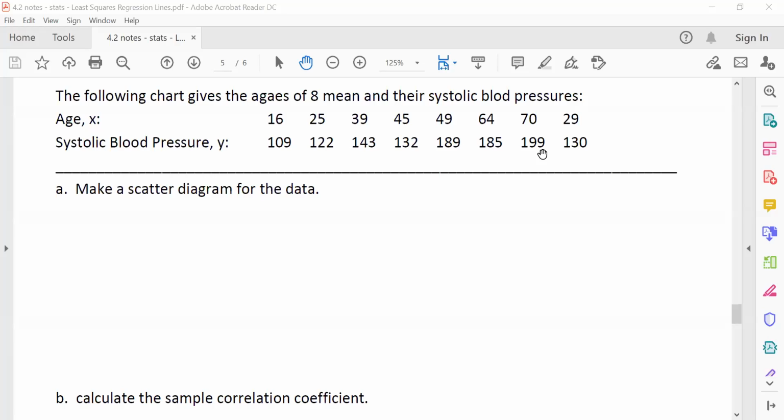Okay. So we can make a scatter plot of this data. I'm going to do it using the Desmos graphing calculator. And the nice thing about Desmos is you can just type points in directly.